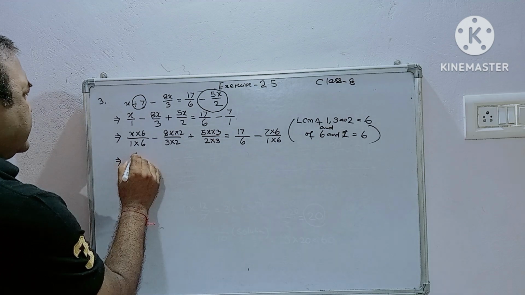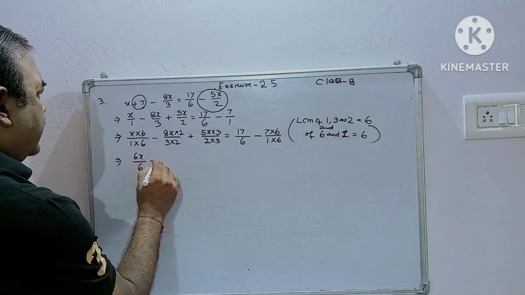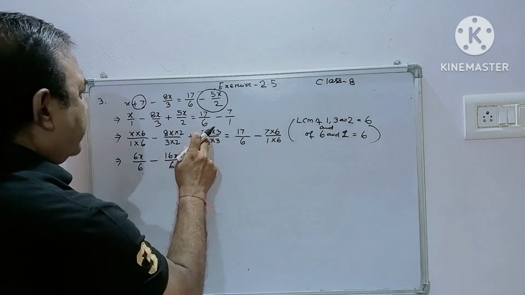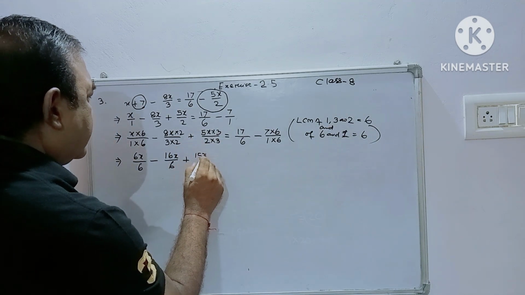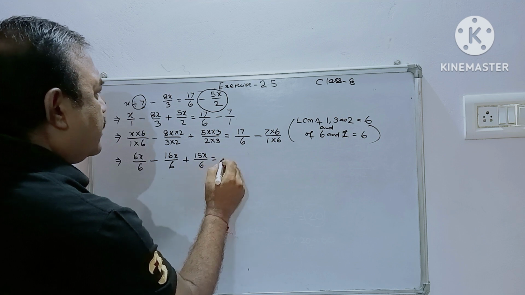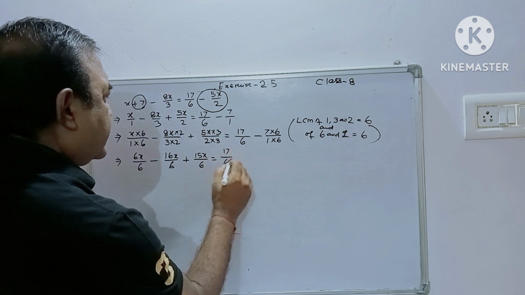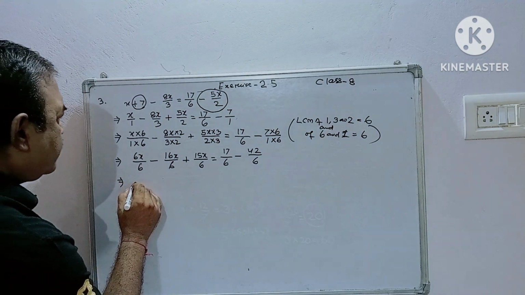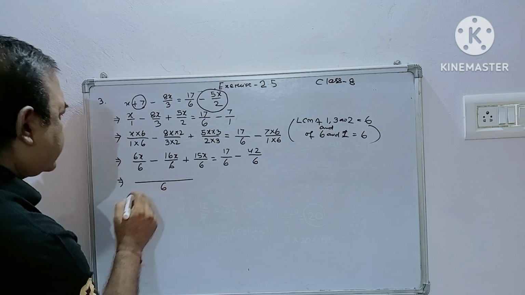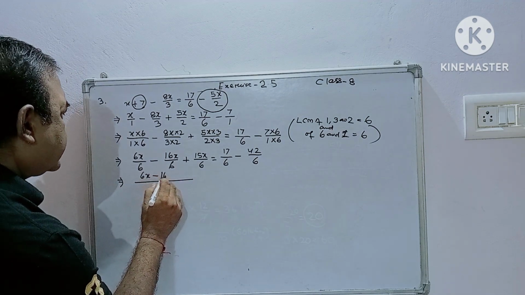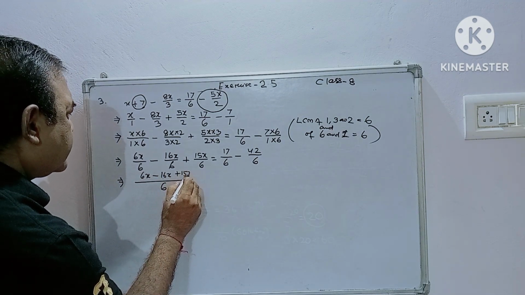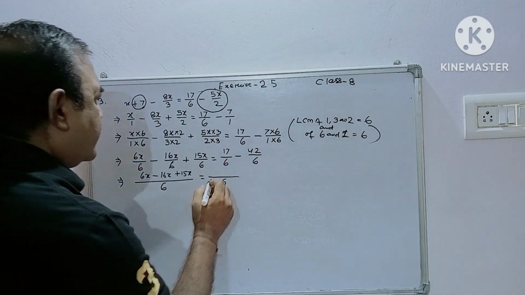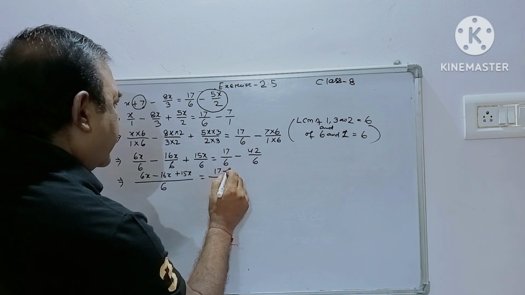So that implies 6x upon 6 minus 16x upon 6 plus 5x into 3, that is 15x upon 6, is equal to 17 upon 6 minus 42 upon 6. So you take the common denominator as 6. So 6x minus 16x plus 15x is equal to, taking the common denominator on the right hand side, 17 minus 42.